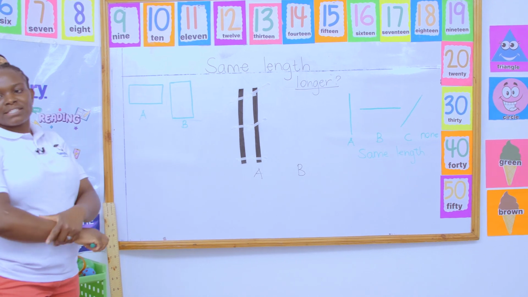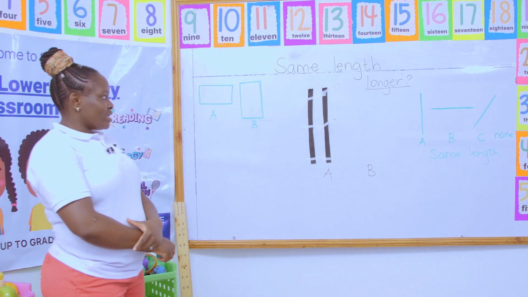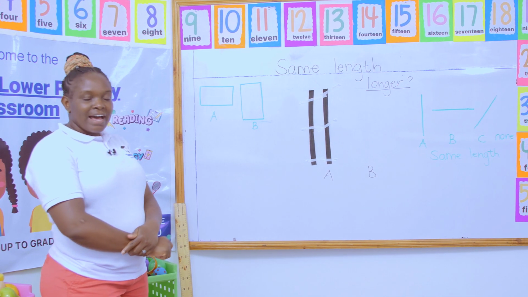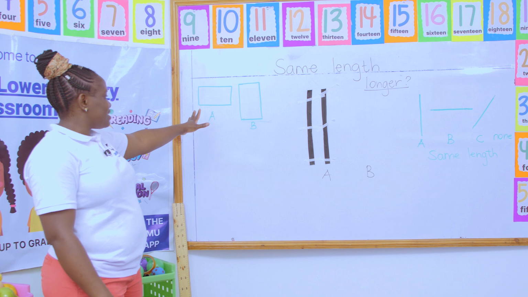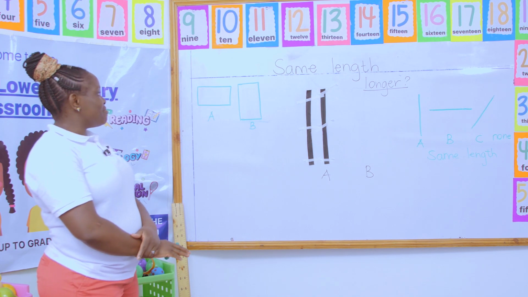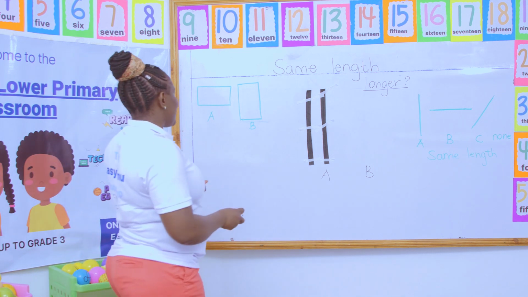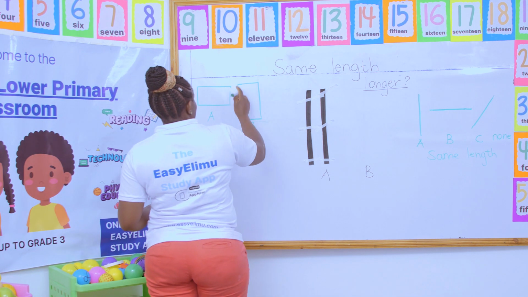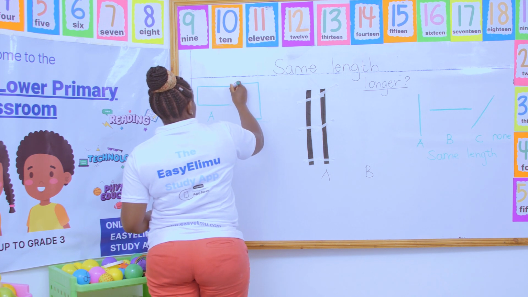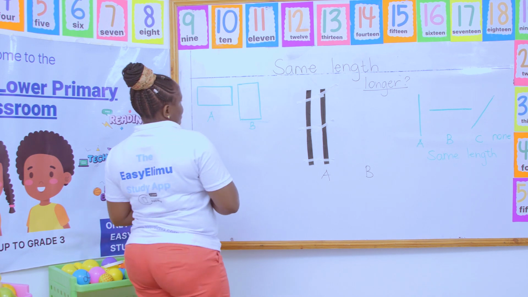Which one is longer? Between A and B, the rectangles are the same. I've only changed the direction of the rectangle, but the size remains the same. The size of these two rectangles remains the same.